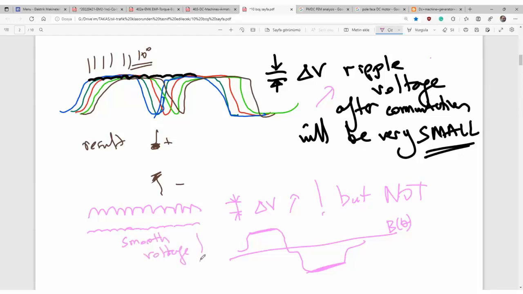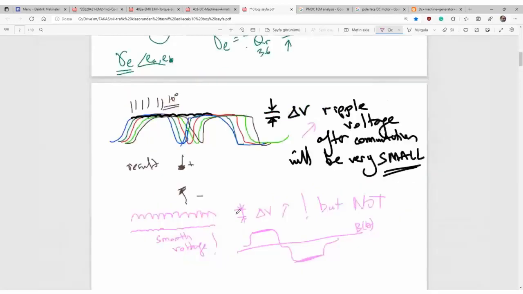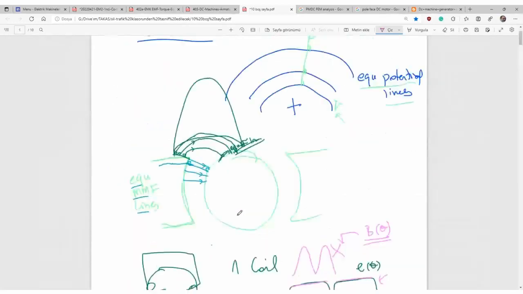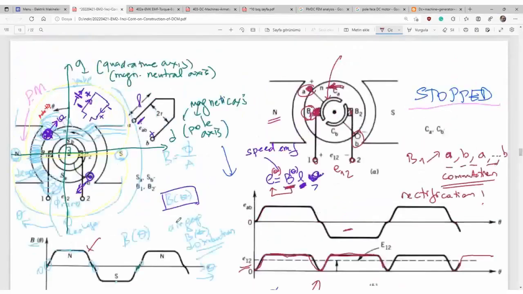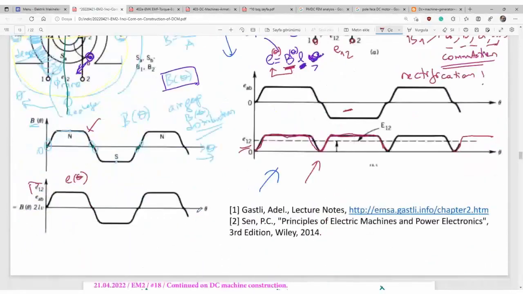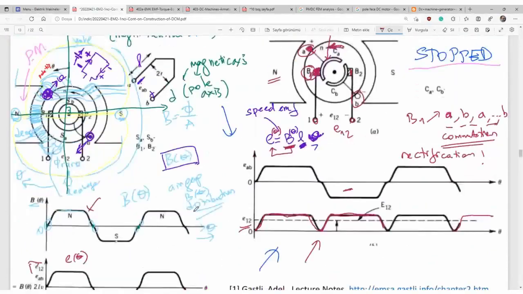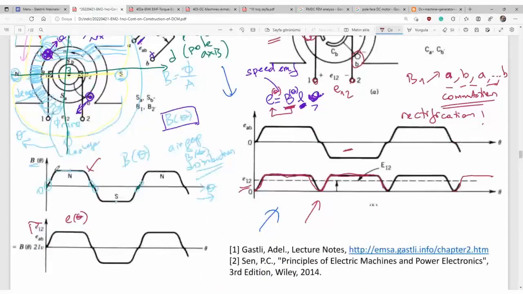That's good. It is why we make such a design in a DC motor. We want an electromotive force that is very flat here.